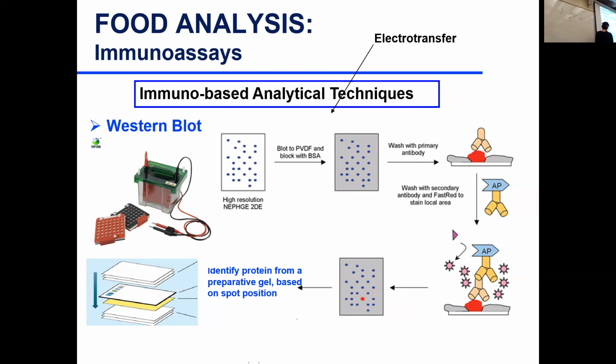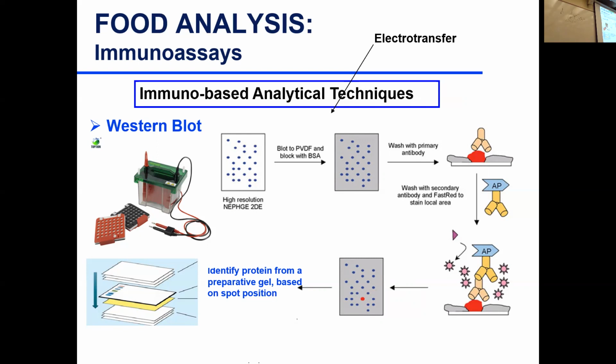So you use a sponge, and you put your gel, you put your PVDF membrane, and then you sandwich them, and then you run a current, and the proteins transfer from the gel to the PVDF membrane.